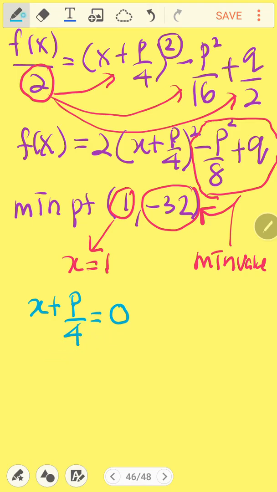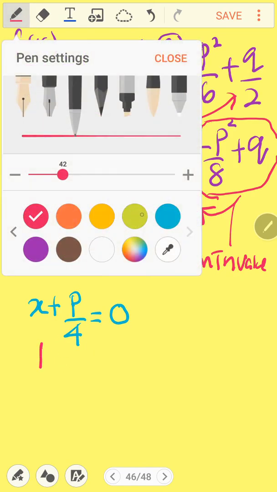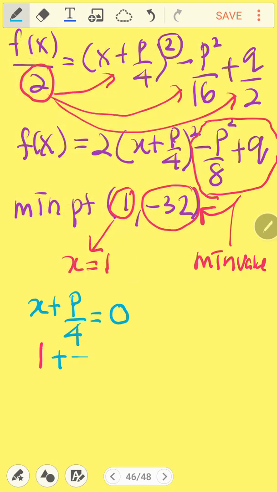And then we already knew that x equals 1, so we substitute inside here, and then p should be equal to negative 4.